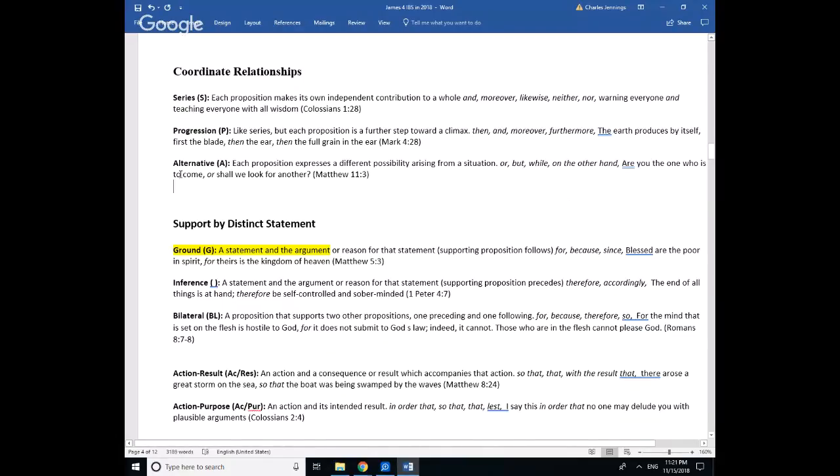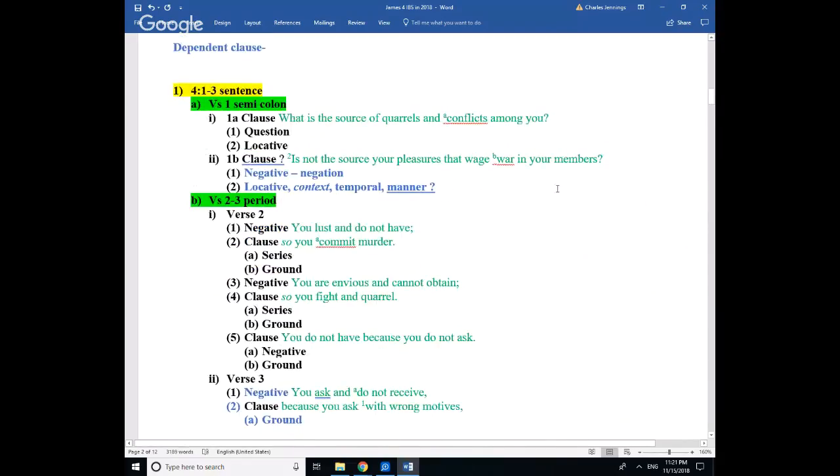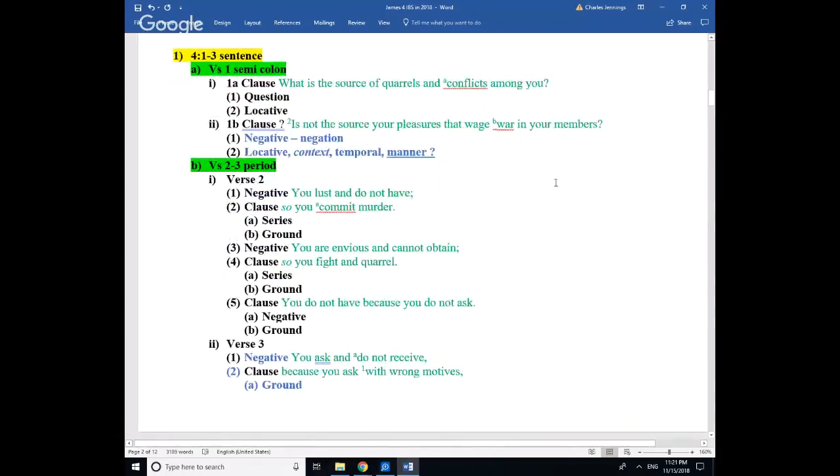That way we get in our mind not only that something is a series, but that it's indicating a coordinate relationship. Same level.